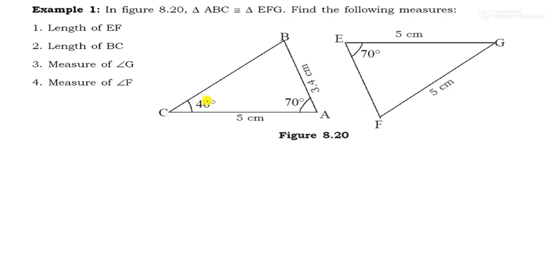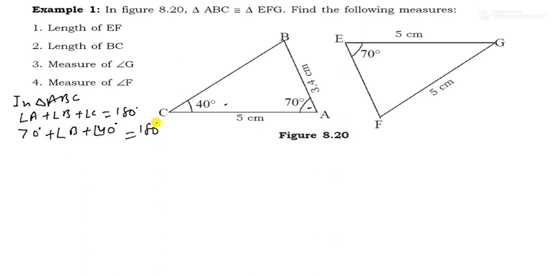First of all, you can see here this angle is 40 and this one is 70. And now you can find the angle B. In triangle ABC, all the angle sum is 180 degrees. So angle A plus angle B plus angle C equals 180 degrees. Angle A is given as 70 degrees, so you can put here 70 degrees plus angle B. We want to find angle B, plus angle C, which is 40 degrees, is equal to 180 degrees.